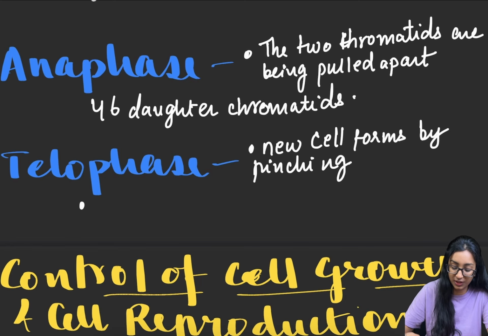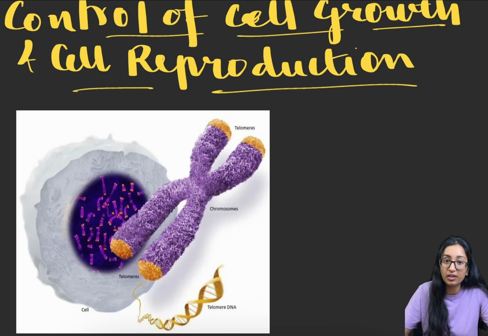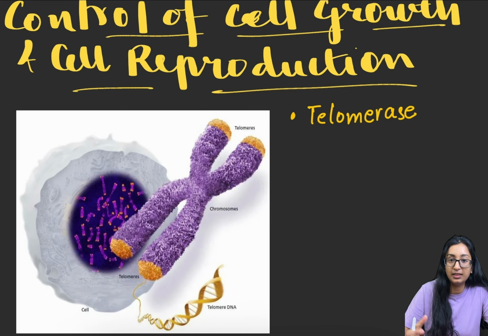After the pinching, there is formation of the nuclear membrane and everything that is required for the cell. For the control of cell growth and cell reproduction, in the DNA itself we have telomeres. These help the DNA from deteriorating while the cell is dividing, while mitosis is going on.